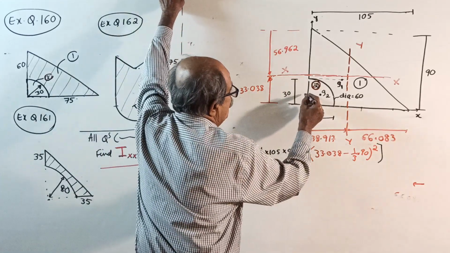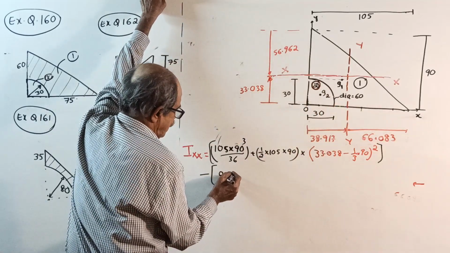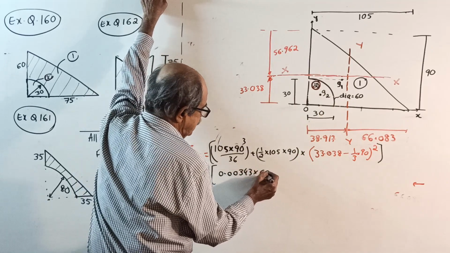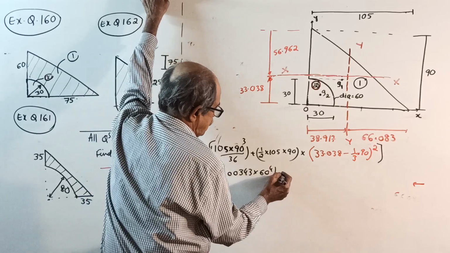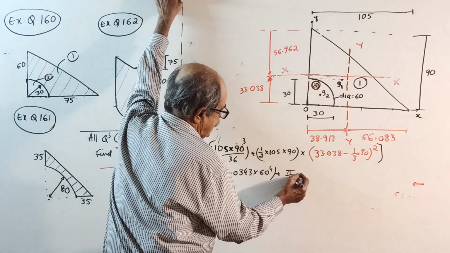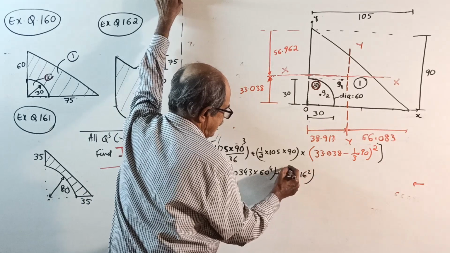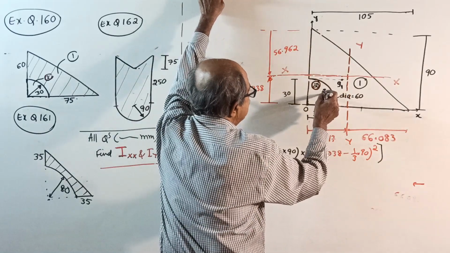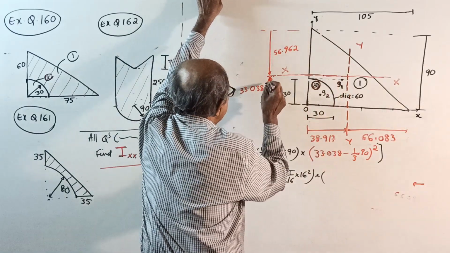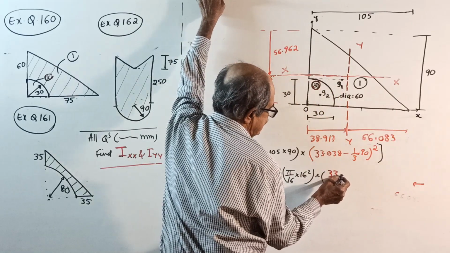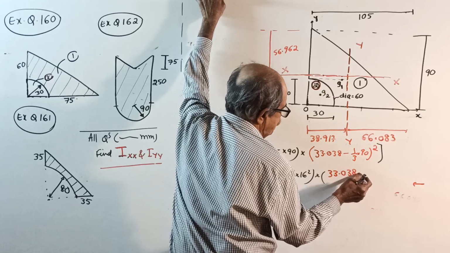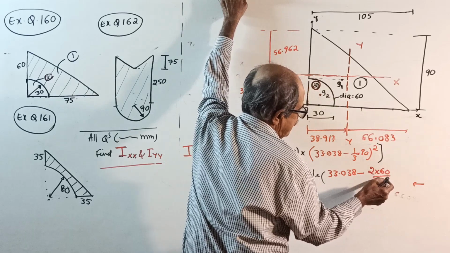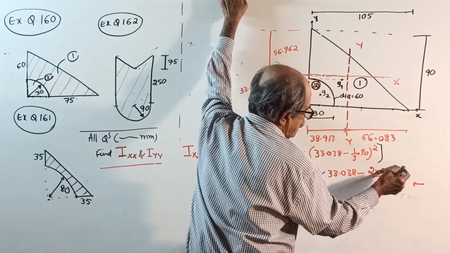Second, minus for about its own axis: 0.00343 into 60 power 4 is IG, plus pi by 16 into 60 square is the area, into, see, this distance square, that is 33.038 minus this distance, which is 2 into 60 divided by 3 pi, whole square.